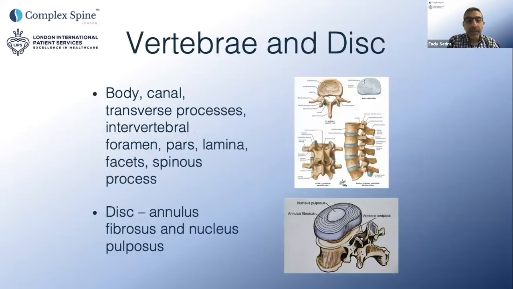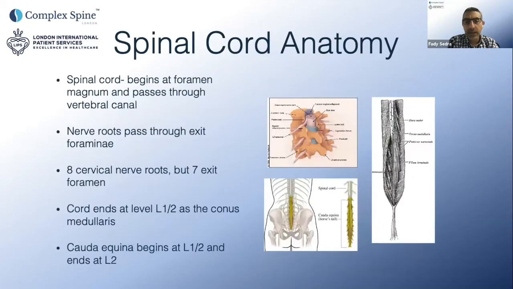And then finally, the interspinous and supraspinous ligaments, which are important particularly in traumatic situations. Also, we look at the spinal canal, transverse processes, and all the other bony elements which form the neural canal in which the nerves traverse.